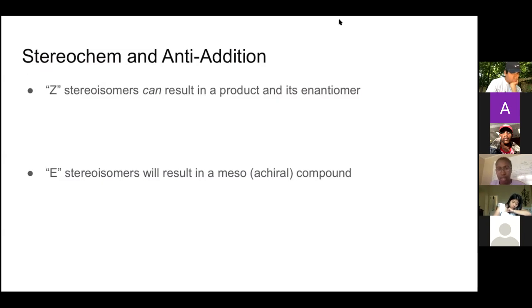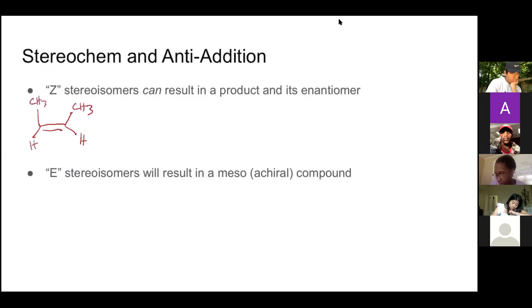So if I were to have a Z alkene reacting in this problem, I would end up with a product and its enantiomer in an anti-addition reaction. So let me give an example. Let's say I had a molecule that looks like this.